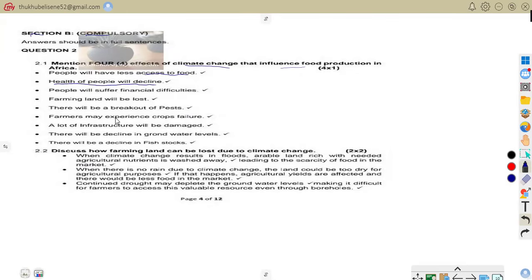As we heard when we were reading the case study, the health of people will be affected, because people lack access to food. So what is going to happen to the health of the people? It shows that it's going to suffer. People will suffer financial difficulties. So those will be the effects of climate change.